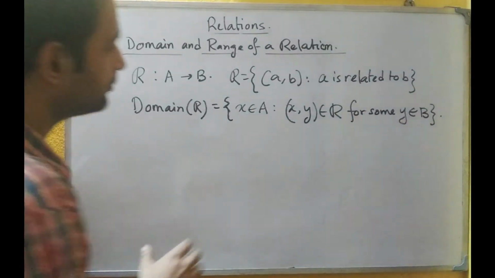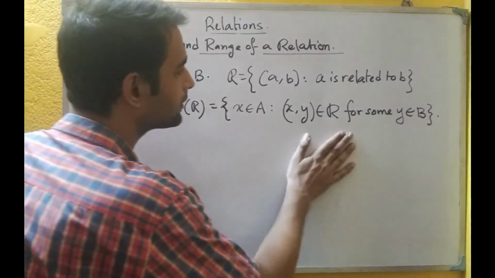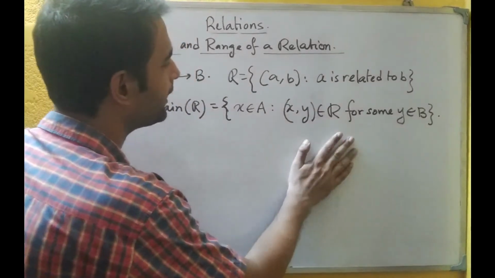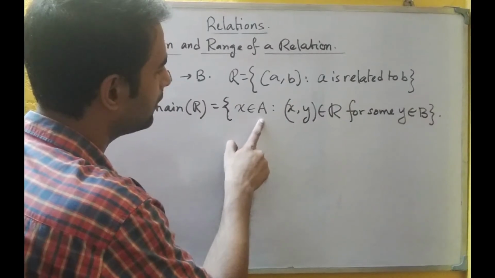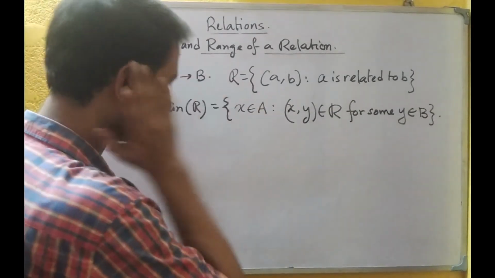That means if you consider all the ordered pairs of R, then you are taking only the first elements of all the ordered pairs.